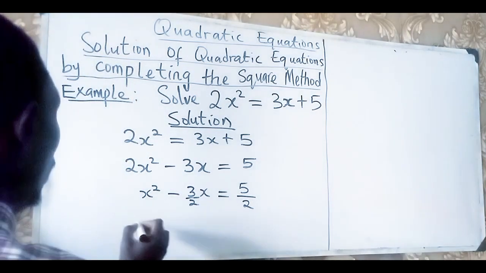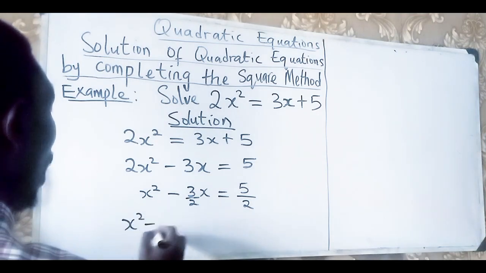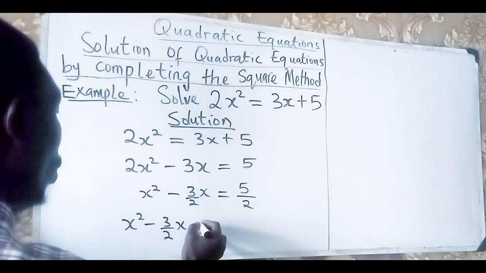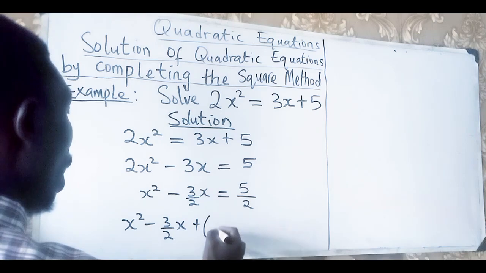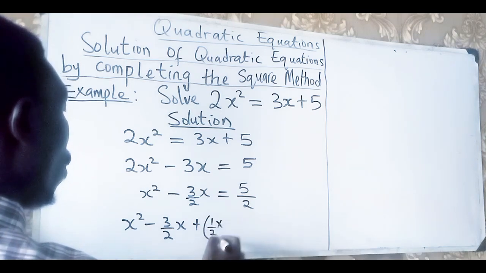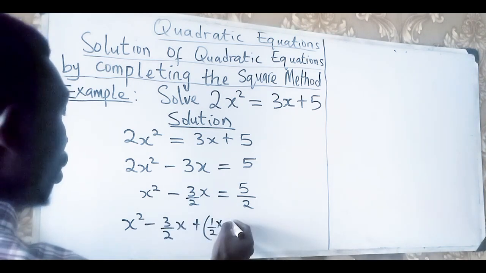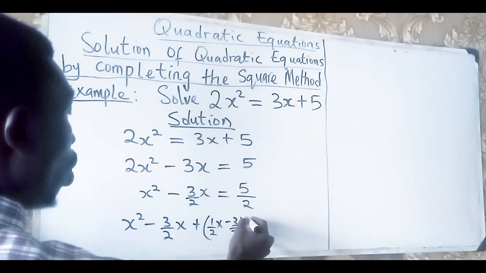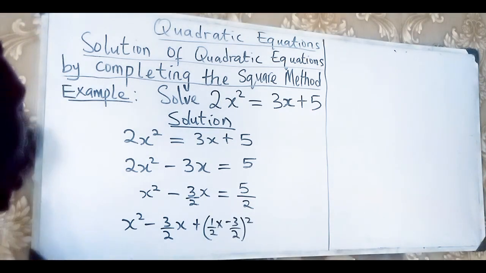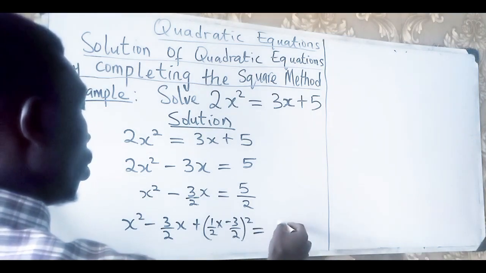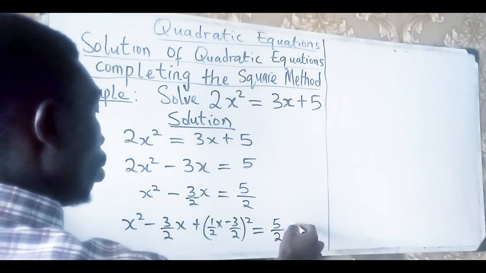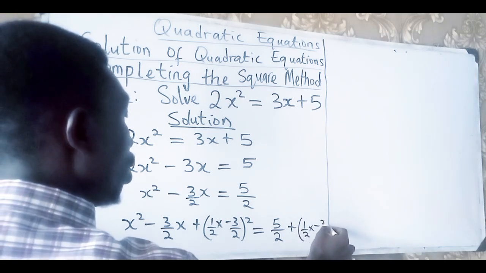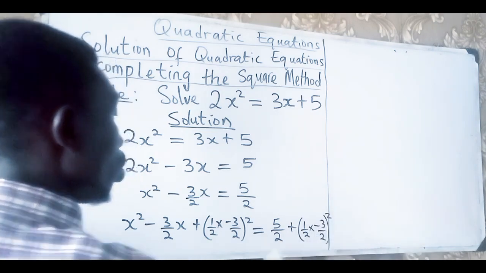So to do this, we're going to say x squared minus 3 over 2 x plus, we're adding half of the coefficient of x, which is minus 3 over 2, all squared. You see that? Equals 5 over 2 plus 1 over 2 times minus 3 over 2, all squared.